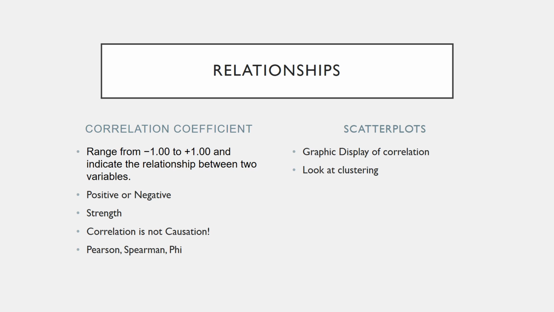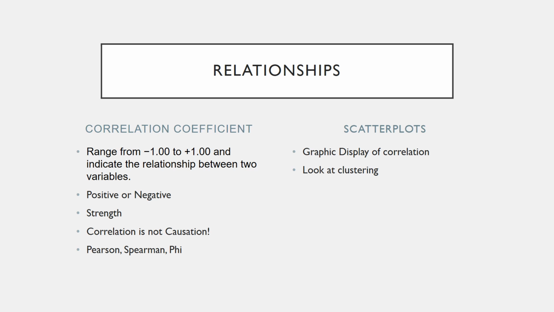So a negative 1.00 is a perfect negative correlation. It's a very strong relationship. A positive 1.00 would be a perfect positive correlation, so a very strong relationship. And then anything in between, we would look at how strong that relationship is, meaning that as one variable changes, the other one changes in a similar way.